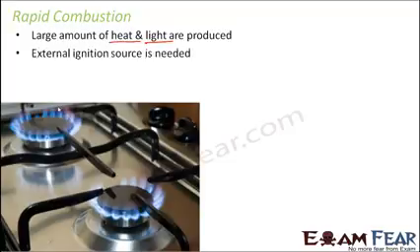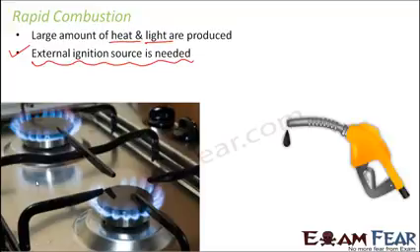Again, in this case, you see that an external ignition source is needed. When you took the example of the gas stove, what was the external source? The external source was the matchstick, because you need a burning matchstick or a gas lighter to ignite it. So for rapid combustion, you will always need an external source to ignite that particular substance.